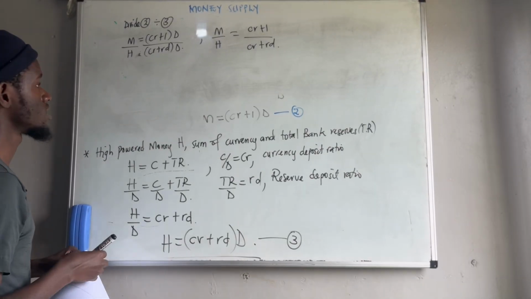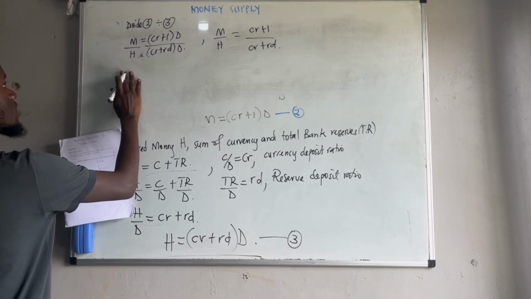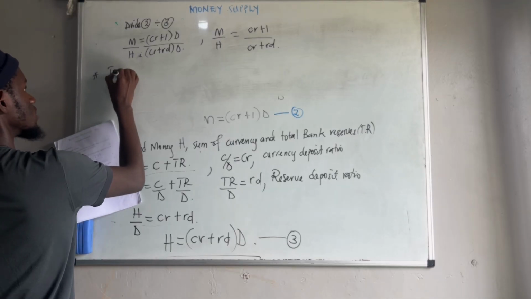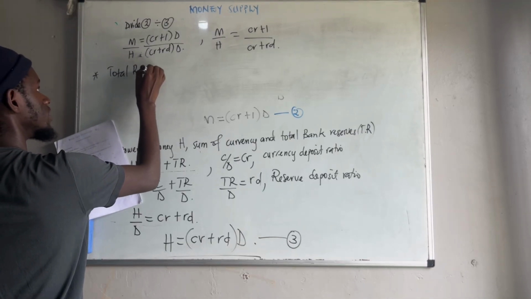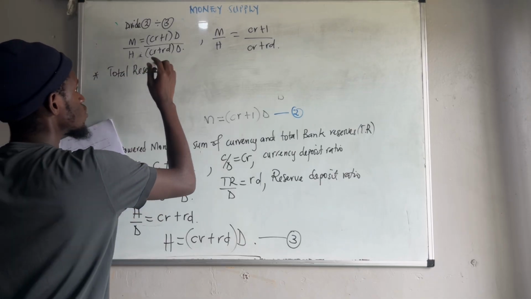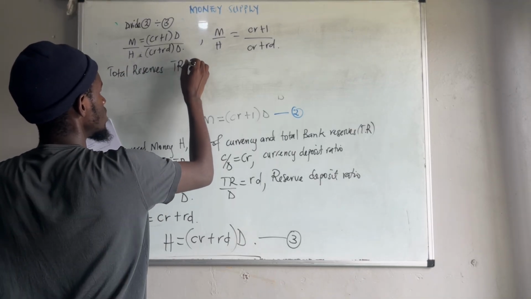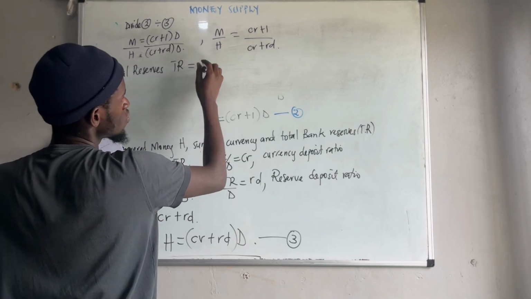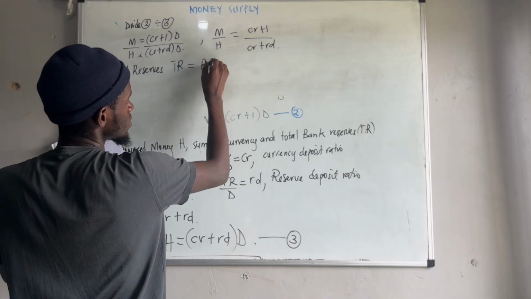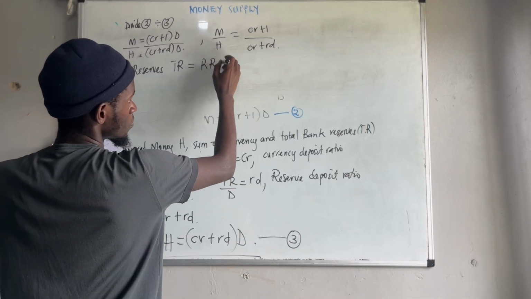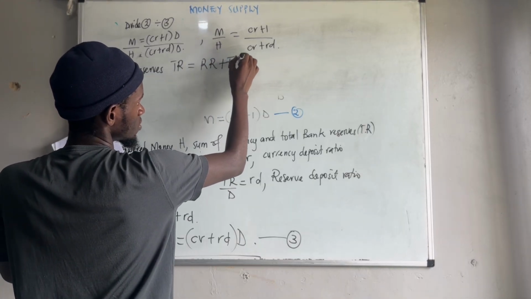But members, remember total deposits, total reserves. We know that total reserves are divided into 2. TR equals the reserve requirement, or the required reserves, plus the excess reserves.